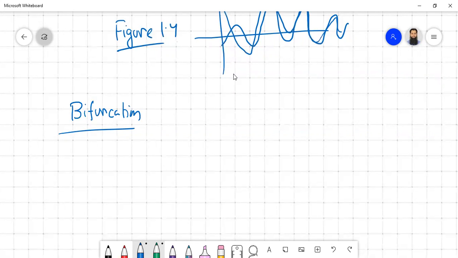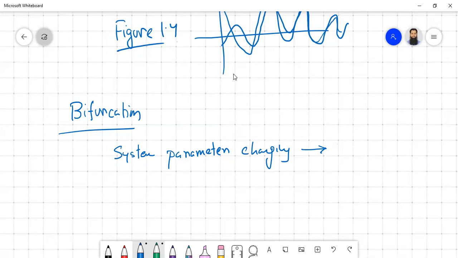So, to explain: the reason is the system parameter changing. And what is the cause? The cause is a change in equilibrium points, the number of equilibrium points can change.